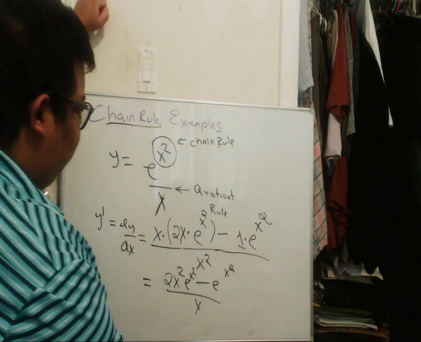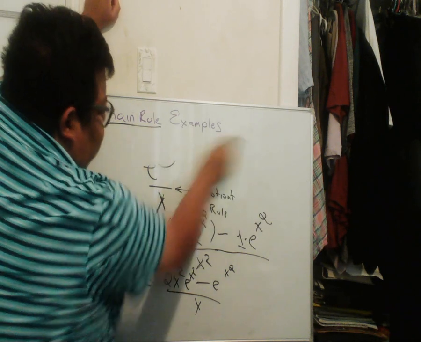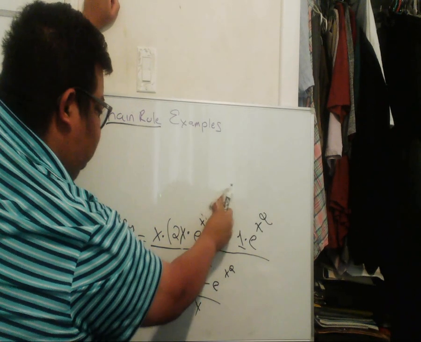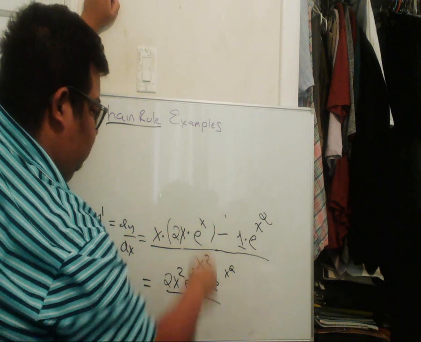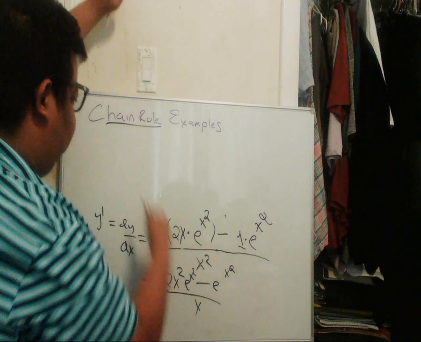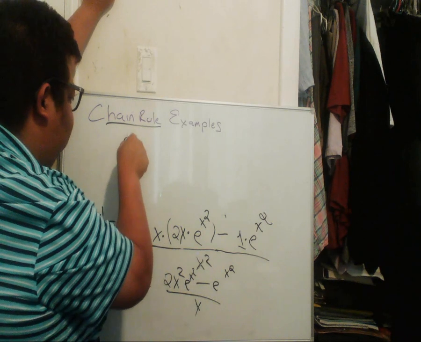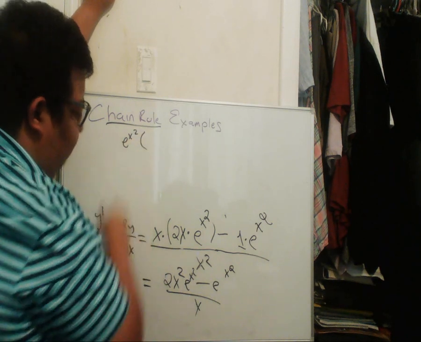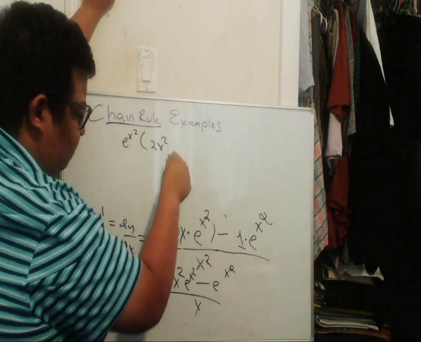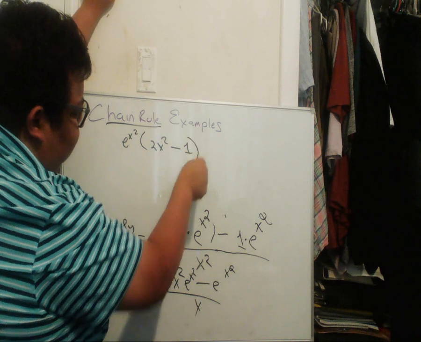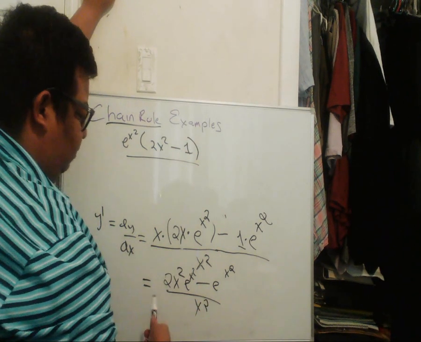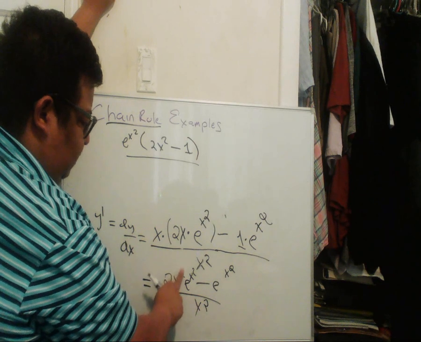Then what we can do to make things simpler is factor out an e to the x squared. So we leave the top as e to the x squared, and in parentheses we have 2x squared minus 1, all over x squared, and this one was x.